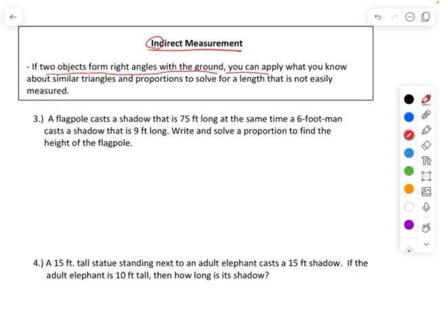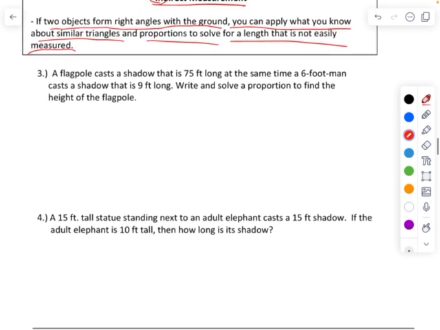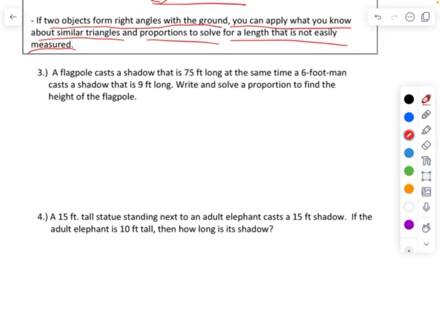If two objects form right angles with the ground, you can apply what we know about similar triangles and proportions to solve for a length that is not easily measured. So think about how tall a tree is, how tall the flagpole is, things that we just can't easily grab a ladder and measure. So we can use this idea of similar triangles and proportions to help us determine different measurements.